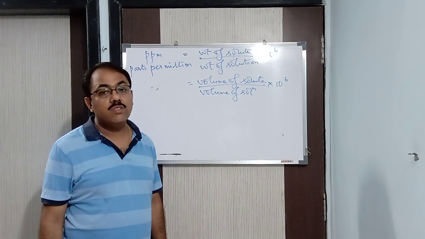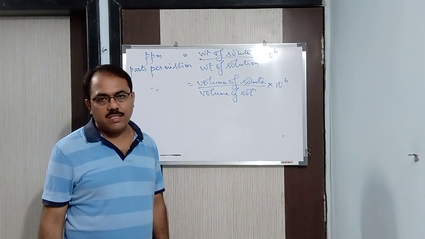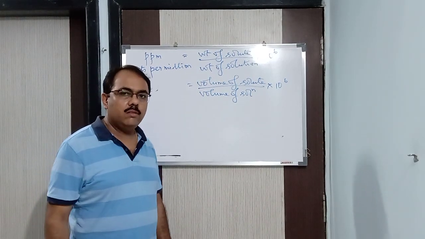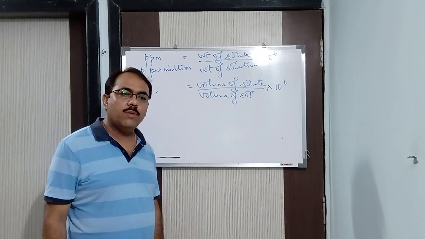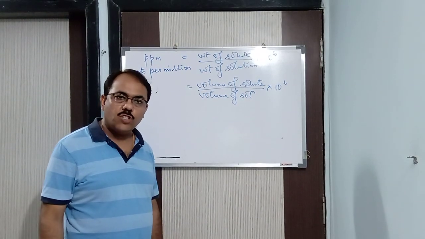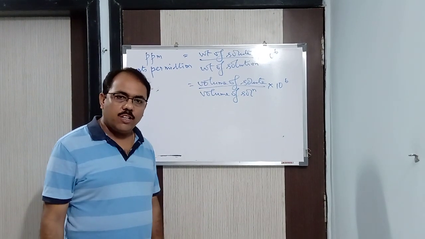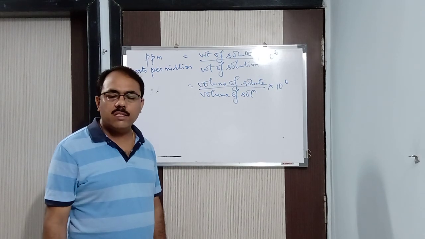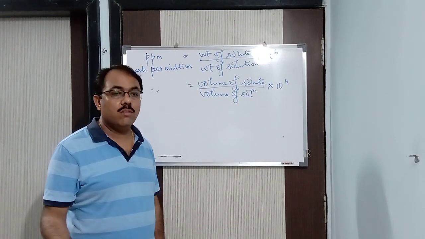They measure it in terms of million, because if you measure the concentration of the pollutants in air in terms of normality and molarity, molarity means volume of the solution, so the volume of the air will be how much? Maximum in liters. Do you think that 1 liter or 2 liters or 5 liters or 100 liters of air is there? No. Millions of liters are there, or more than that also.